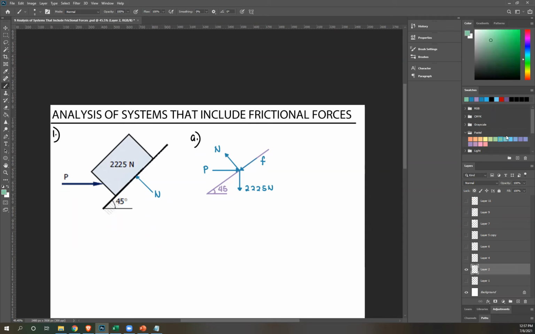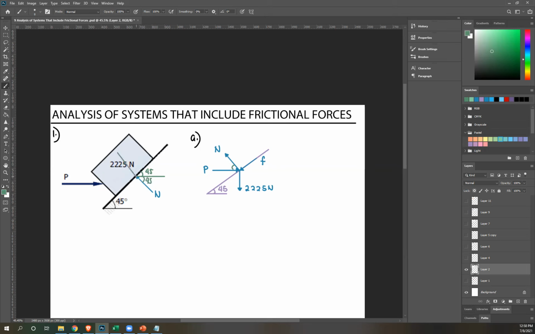The angle between P and N is easy to figure out, because remember, in our previous examples, we had something like this. If you want to go through the process, create a straight line here. This is also 45 because they're parallel angles. This is 90 degrees, so 90 minus 45 would be 45 as well.